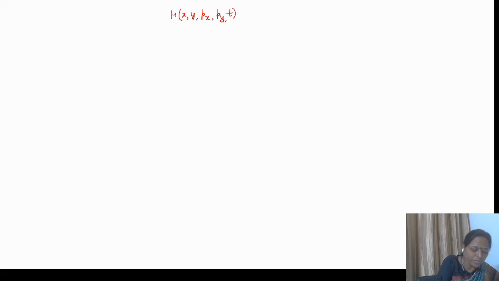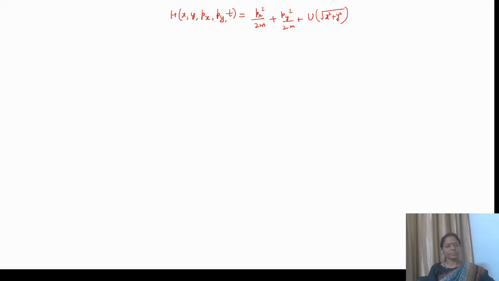It may or may not be a function of time. Then we know that for the central potential system, H is described as px square upon 2m plus py square upon 2m plus a potential function depending upon x square plus y square, right?